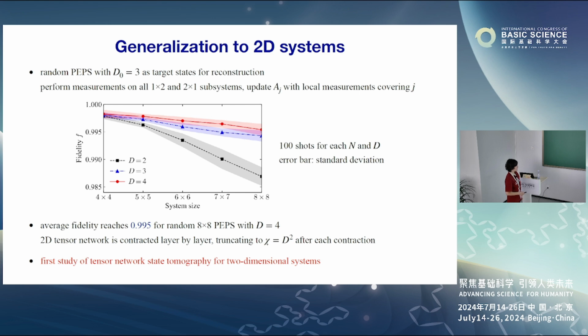We see the average fidelity is 0.95 for 8x8 sites with a bond dimension 4 here. This 2D tensor network is constructed layer by layer, and each time we also truncate it to this square after each contraction. So the fidelity is still quite high. This is also the first study of tensor network state tomography for two-dimensional systems.